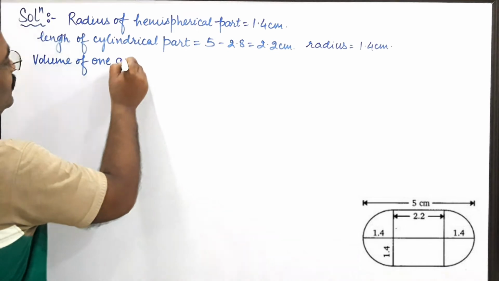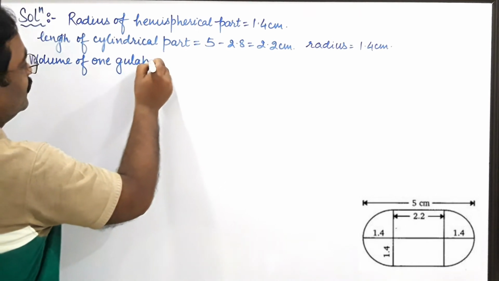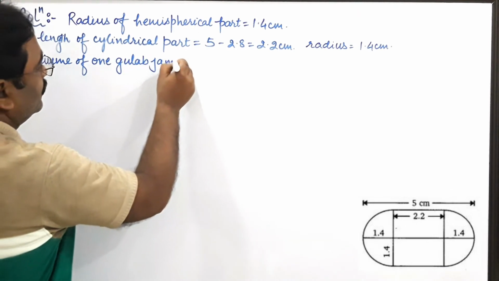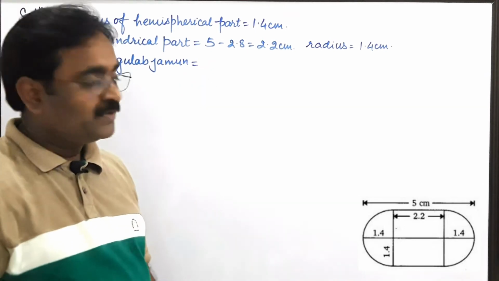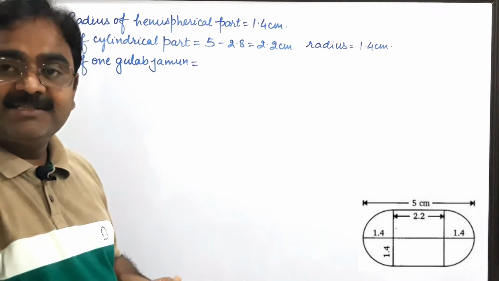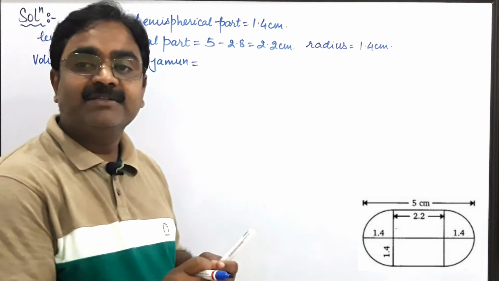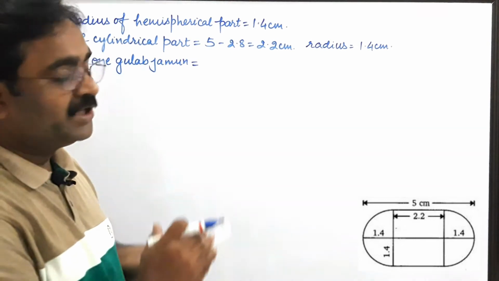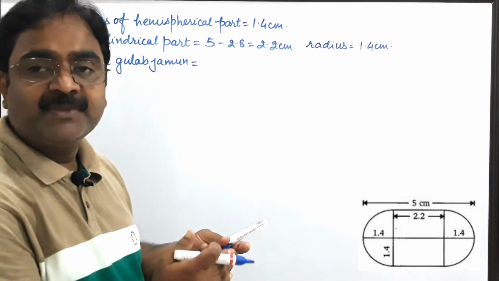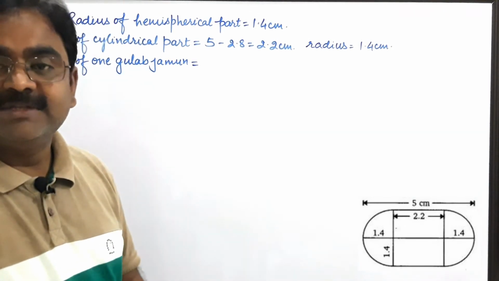So to find the volume of one gulab jamun: as you know, this gulab jamun consists of a cylindrical part with a hemisphere attached at both ends. So there are two hemispheres plus one cylindrical part.